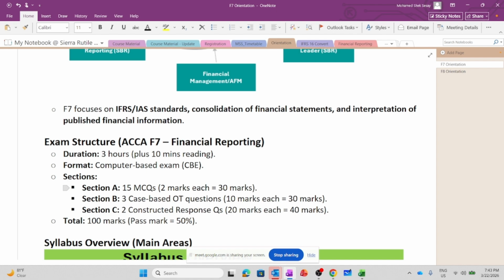Then section C will be 2 constructed response questions. Mostly in the examination, it will be on consolidation as well as ratio. These are the 2 key areas that frequently come up in the examination.